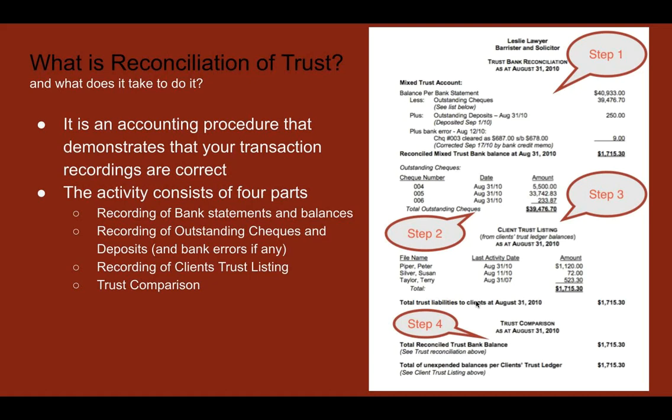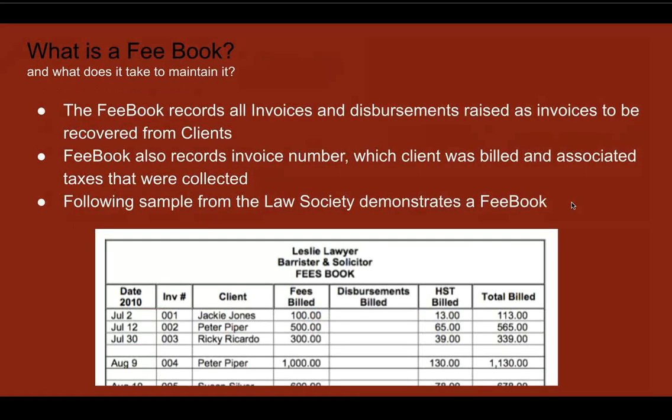And then step 2, to make sure to record outstanding checks, outstanding deposits, any bank errors, and then you arrive at the adjusted trust balance as per the trust. And once the trust comparison is out, you understand what the differences are and why there is a difference, which is exactly why you have outstanding checks, bank errors, trust listing, and all.